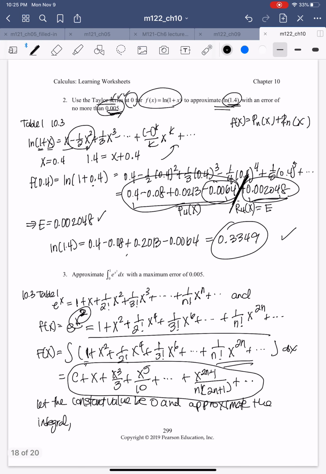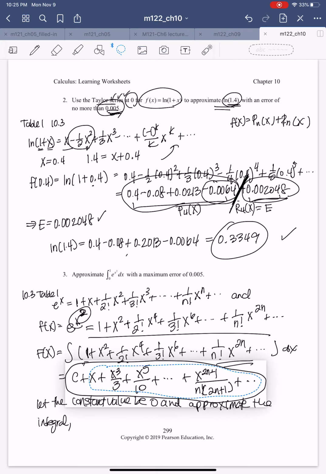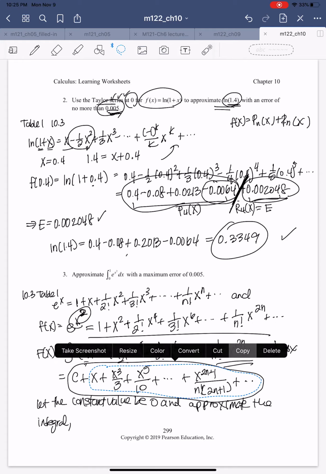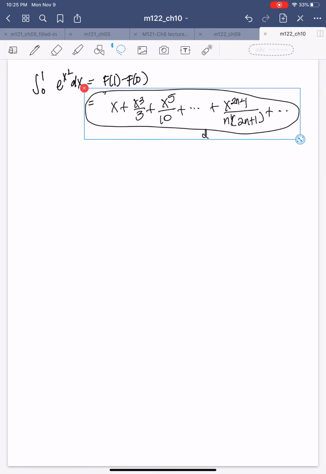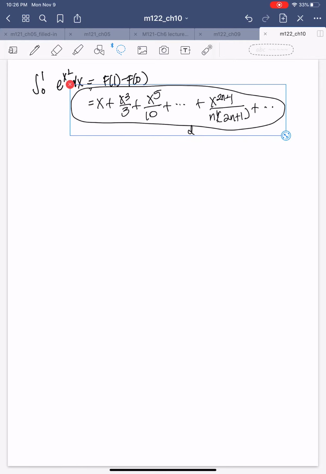So that will be your f of 1 minus f of 0. So doing that, I'm going to actually copy this one, considering the constant term as a 0. Right here, let's put that. Just copied.